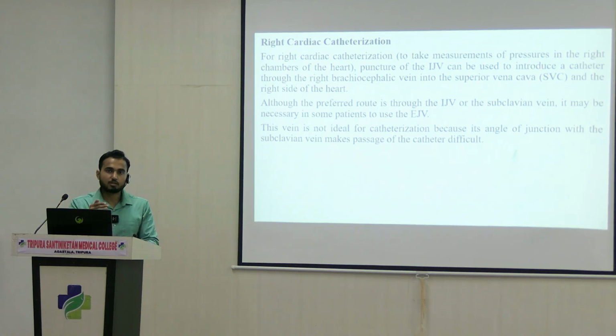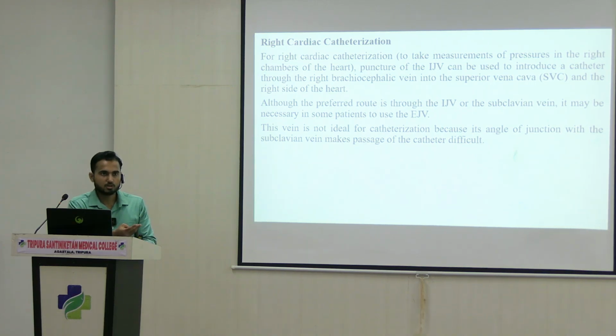For that we have to select a venous route. For that, internal jugular vein is taken, subclavian vein is used, brachial veins are also used. So these are the different venous routes which are used for right heart catheterization or right cardiac catheterization.